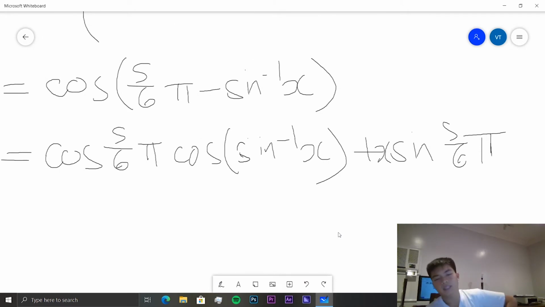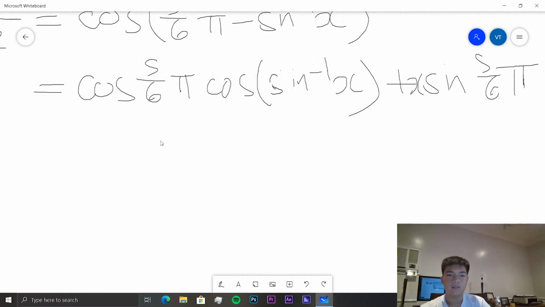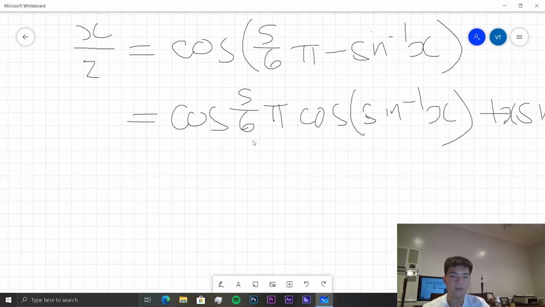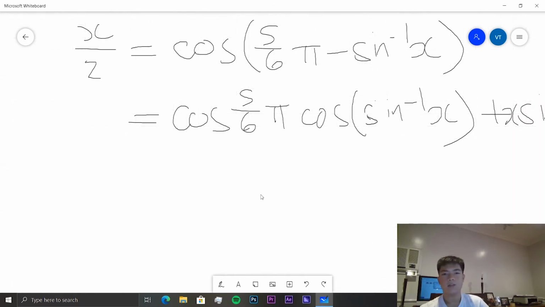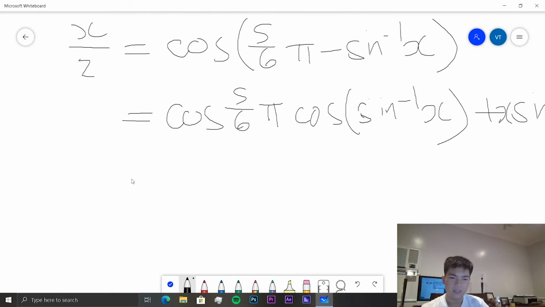And we have cosine of sine to the negative 1 x. So we are getting a fraction, because cosine is equal to sine of pi over 2 minus x. So let's clean this up a little. The cosine of 5/6 pi is equal to root 3 over 2. So we have root 3 over 2.